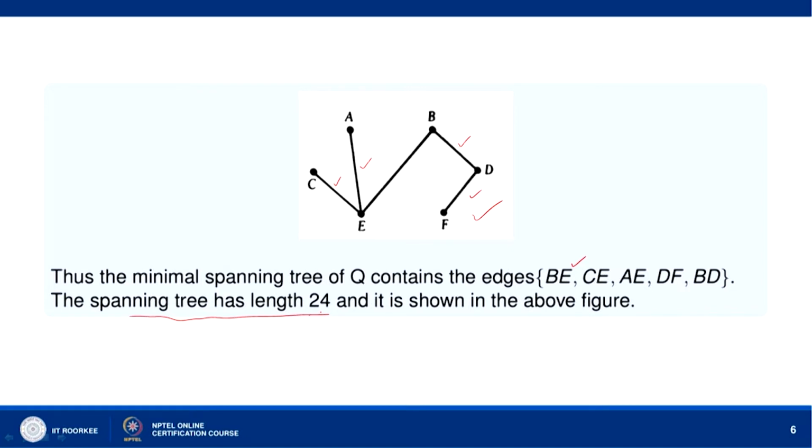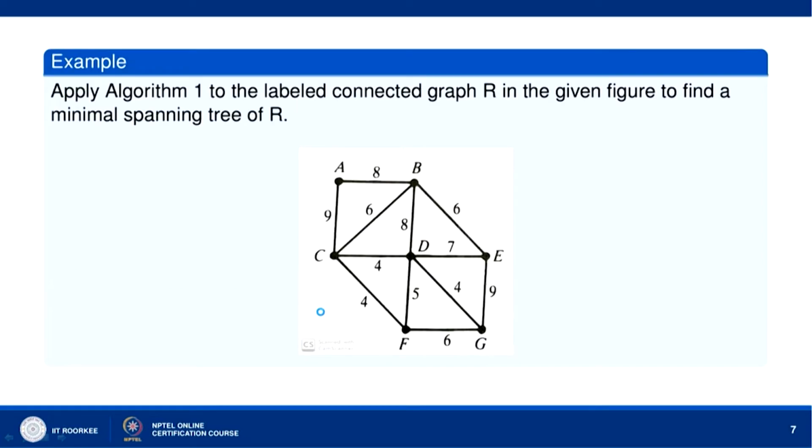Okay. Now, let us apply algorithm 1 to this graph. Okay. Another example let us take, and we can find a minimal spanning tree of R. Okay. So, you can see here the 9 is the highest value, maximum value. Okay. So, we are going to arrange the lengths in the decreasing order.